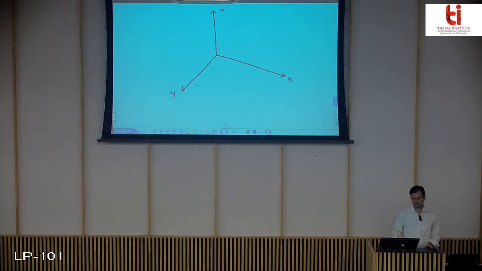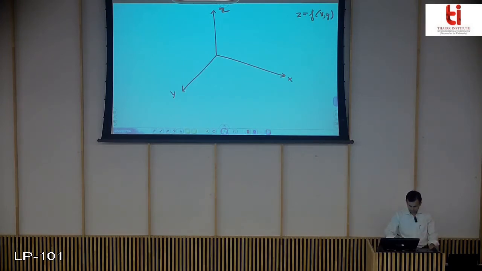Suppose this is your screen, whatever you are looking at, this represents your xy plane, and the z-axis is the axis coming out of the screen. First of all, we have been given some function f(x, y) whose partial derivative we are going to find with respect to x, so we are looking for its geometrical interpretation.